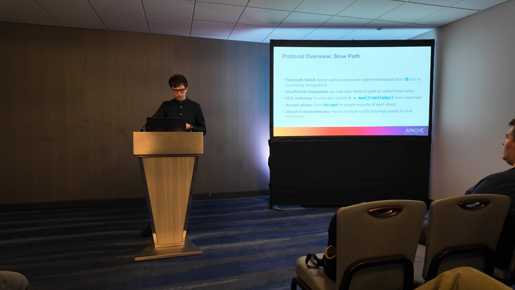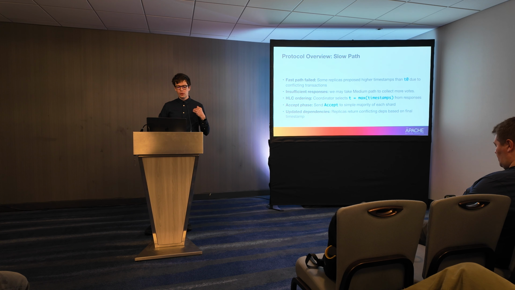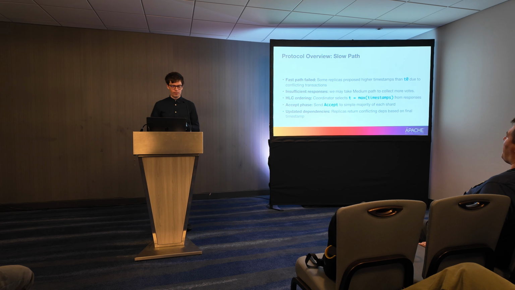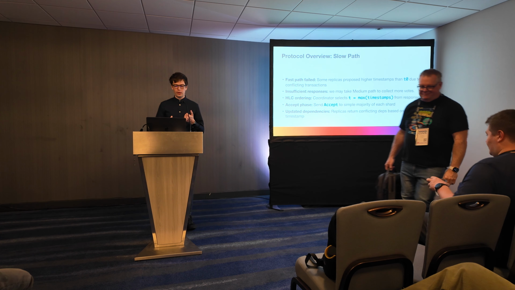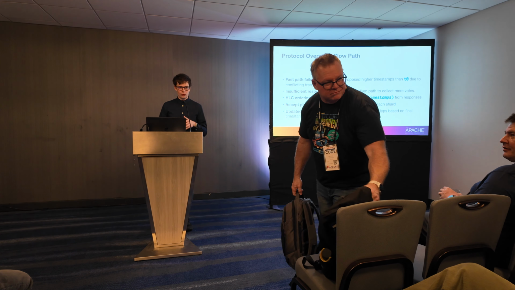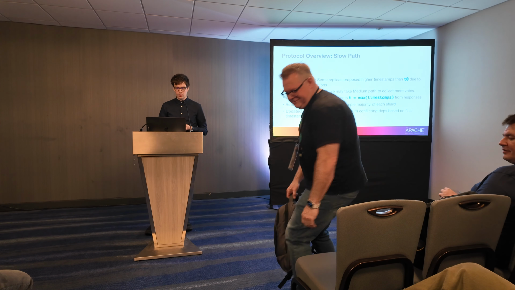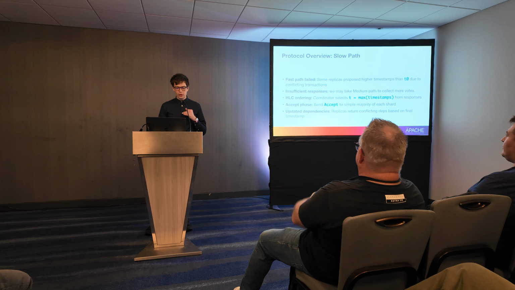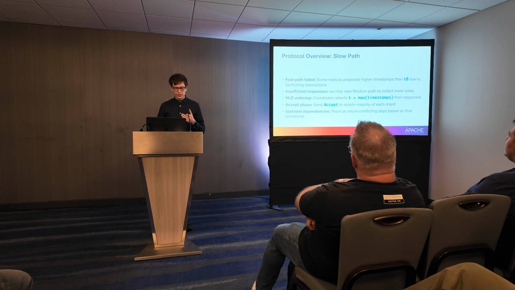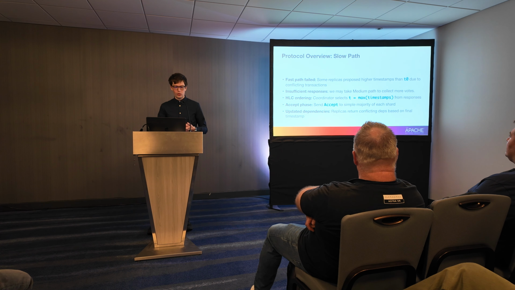So when the fast path fails, Accord transitions to the medium path or slow path to resolve conflicts and achieve consensus. Fast path failure occurs when some replicas propose higher timestamps than the original one due to some conflicting transactions. This indicates that the concurrent transactions have created dependencies that require the execution timestamp to maintain strict serializability.